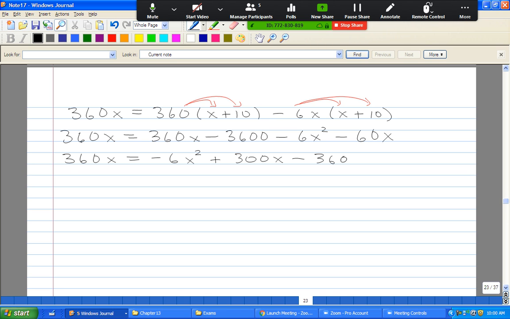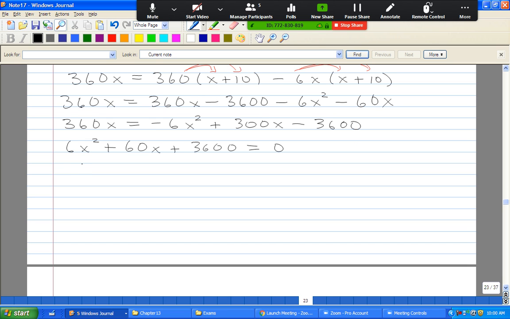Let's bring the 6x squared to the left-hand side of my equation, then 300x to the left-hand side, and the 3600 to the left-hand side. Divide by 6, so I get x squared plus 10x plus 600.